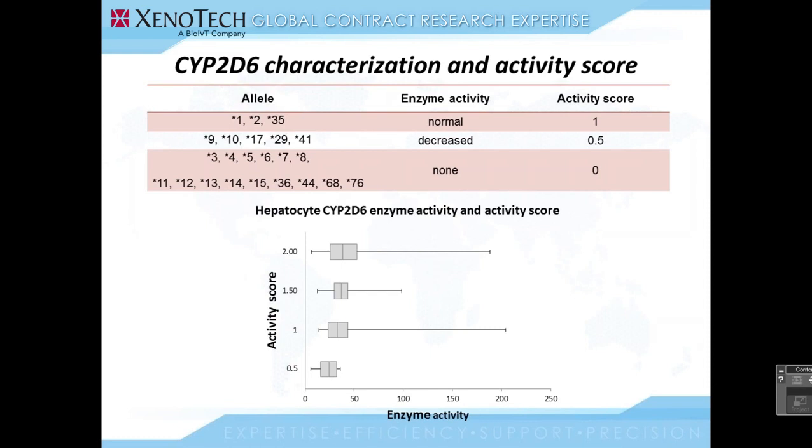Donors comprising the CYP2D6 high activity pool have activity scores of 2.5, 3.0, and 3.5 respectively, therefore they are individuals with a polymorphism in the gene.